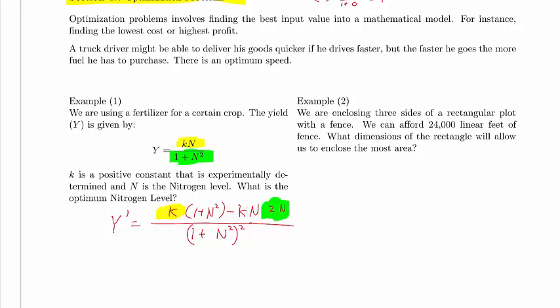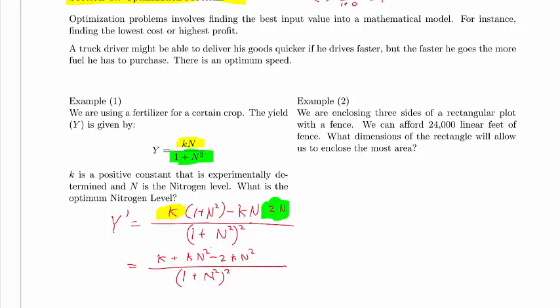All right, so there it is. We've got our derivative. So this is a little bit difficult to look at, so why don't we go ahead and clean it up so we can see what's going on. So this becomes k plus kn squared minus 2kn squared. So don't forget the bottom here. There we go.